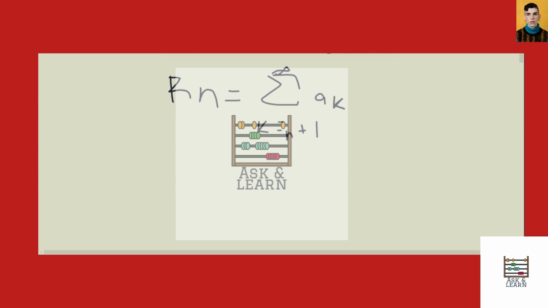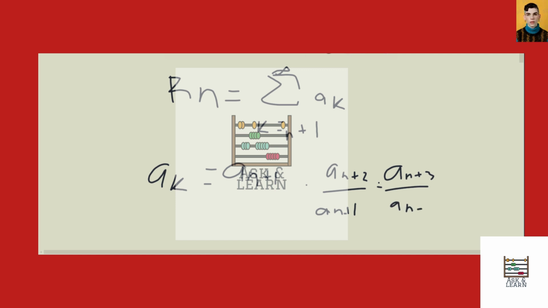And then based on this definition, I can rewrite a sub k to be a sub n plus 1 times a sub n plus 2 over a sub n plus 1, times a sub n plus 3 over a sub n plus 2, and so on, becoming a sub k over a sub k minus 1.